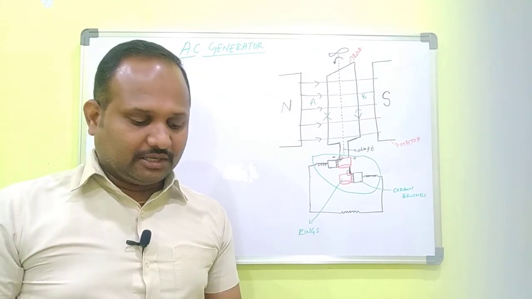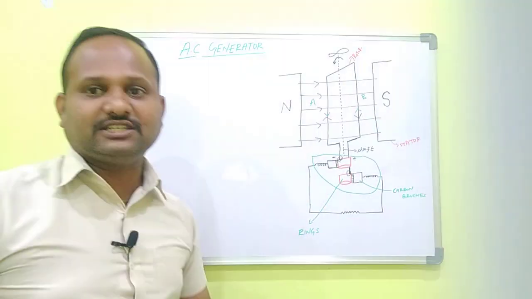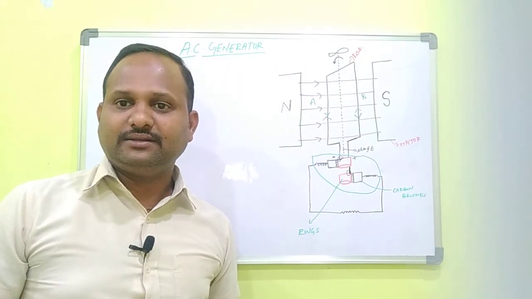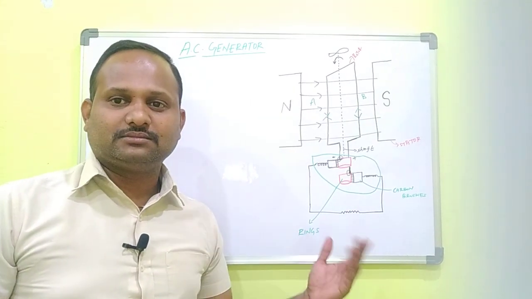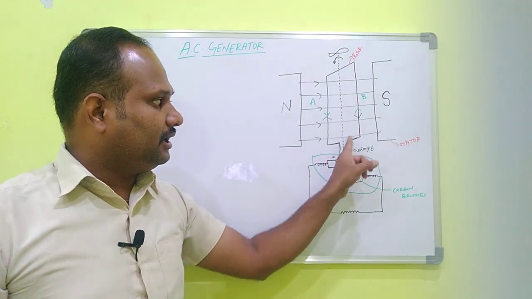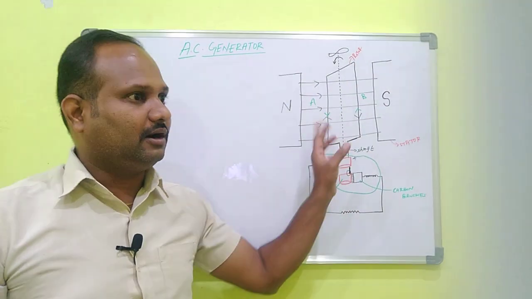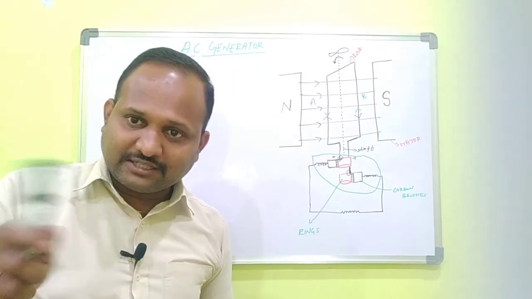The polarity of the current changes for every half rotation of the coil. So after the second half rotation, the current comes from arm B and goes to arm A.